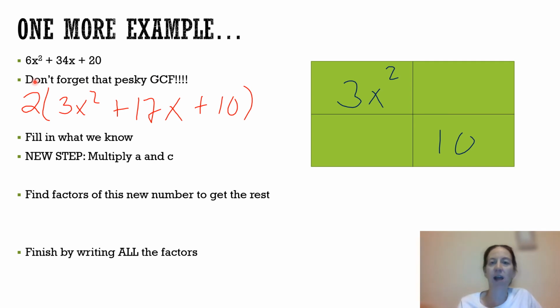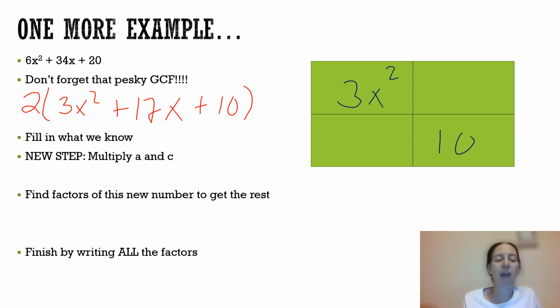However, when it comes time to set the table, you want your bread, okay? So when it comes time to list all the factors, we need to remember that the 2 was a factor. We just got it out so we could use the oven to do some other stuff, okay? Now, so we can get the 3x squared and we get the 10.